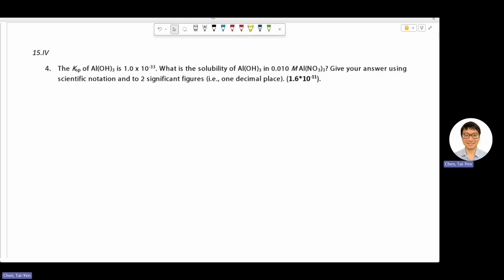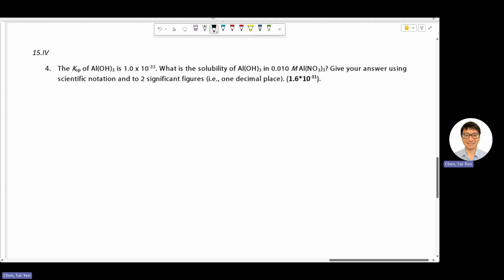Now tell me, if you look at that soluble salt, Al(NO3)3, once it dissociates, what's the cation it produces? Al3+, and the anion will be NO3-. You have 3 NO3-, right? So why is that important?